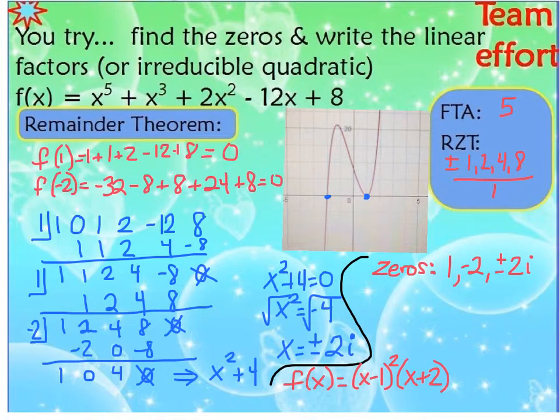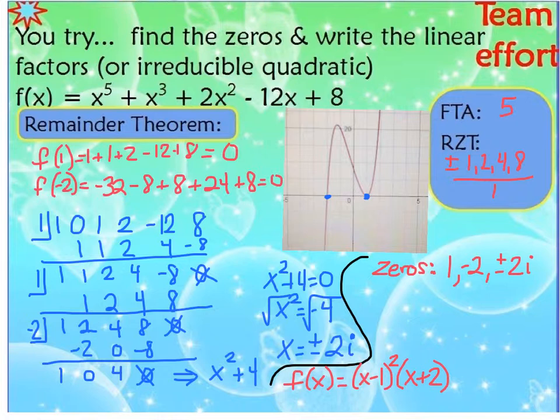Now normally when we write factors, we don't have imaginary numbers in them. So that's what this irreducible quadratic means. Typically, when we get down to this stage of a quadratic, we like to factor that and get some nice factors. We weren't able to do that, so what they're asking us to do is go ahead and leave the quadratic there as opposed to writing ugly linear factors.